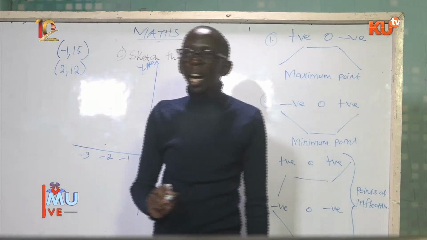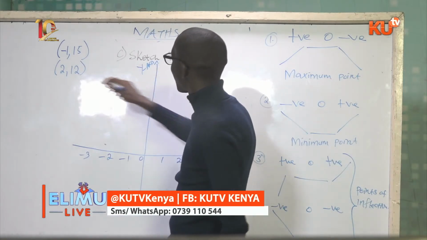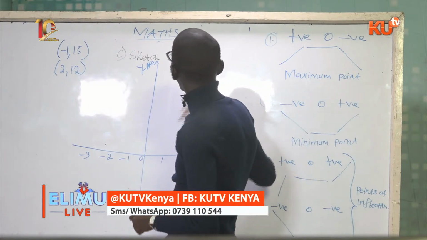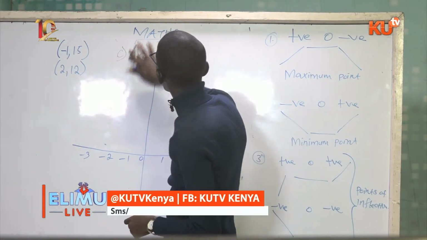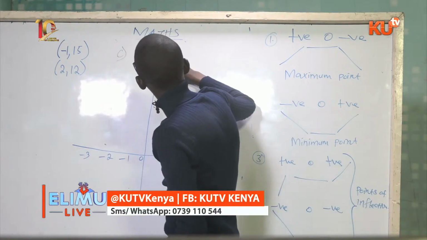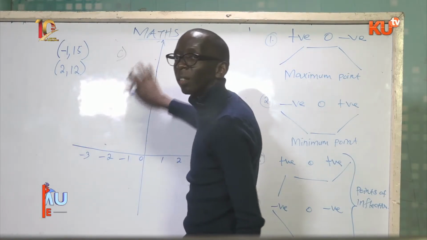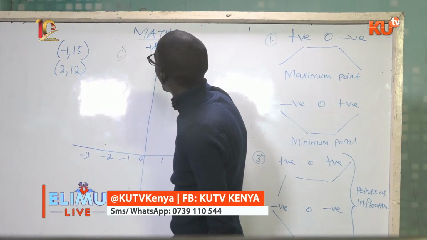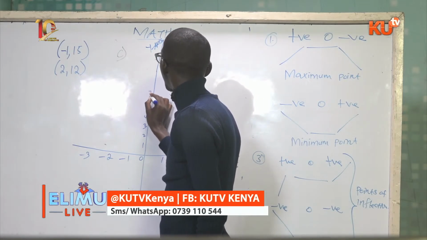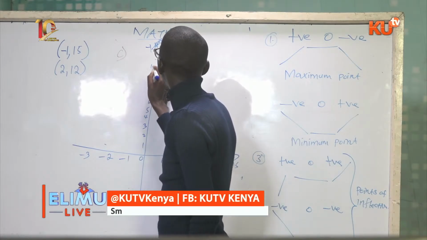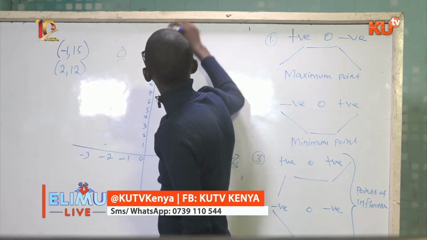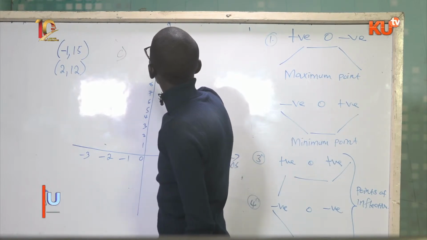Then on the y-axis, the highest value is 15. So we have 1, 2, 3, 4, 5, 6, 7, 8, 9, 10, 11, 12, 13, 14, 15.